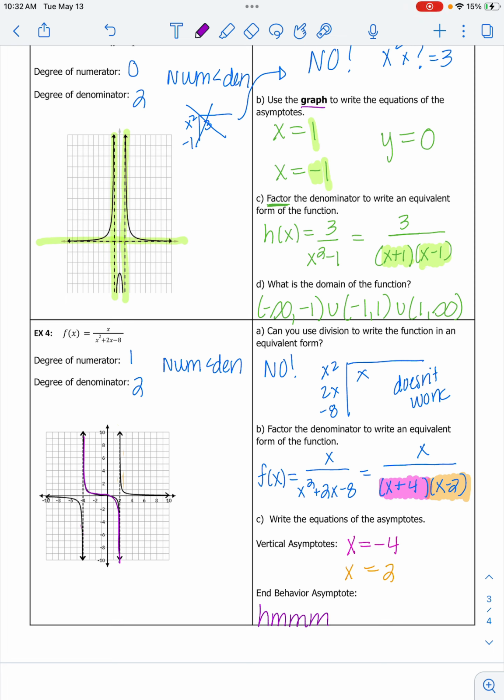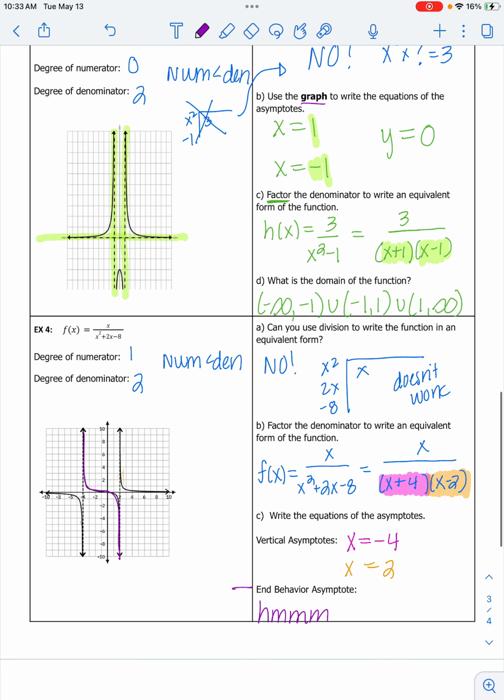Okay, because an end behavior asymptote is going to be more true as the x gets very large in both the positive and negative direction. Where are we approaching? So it's not necessarily in the center. It's as x gets large, in both the positive and negative, where is this asymptote approaching?